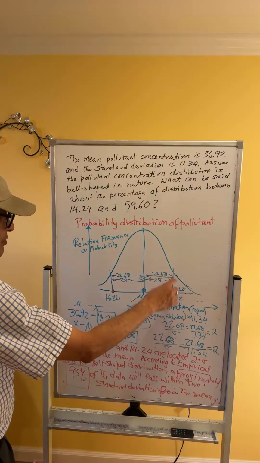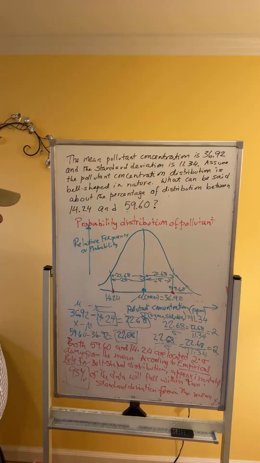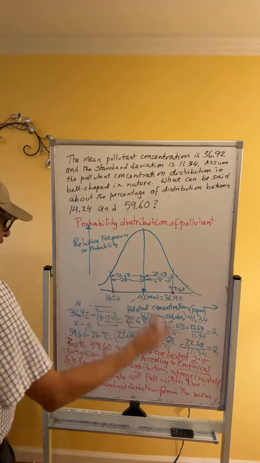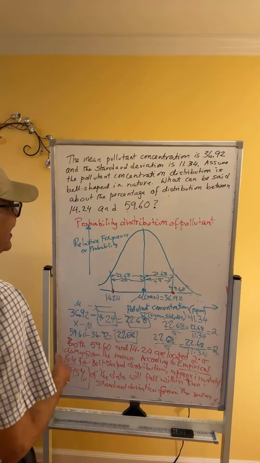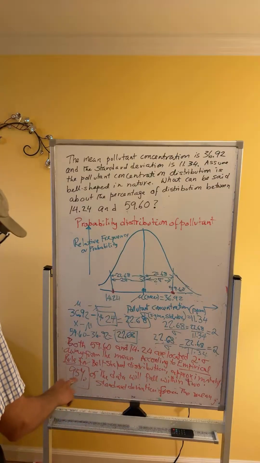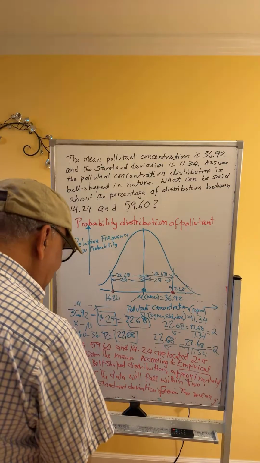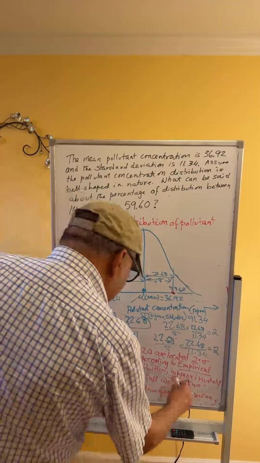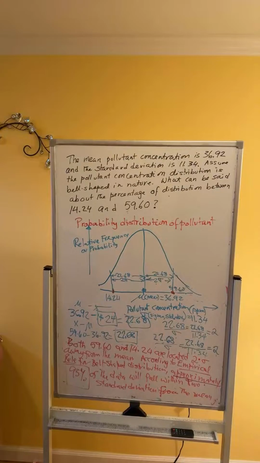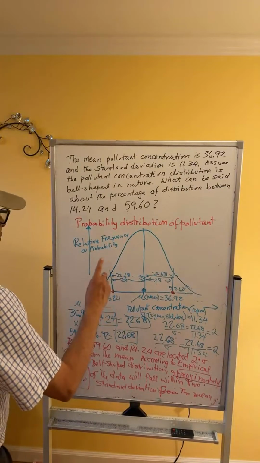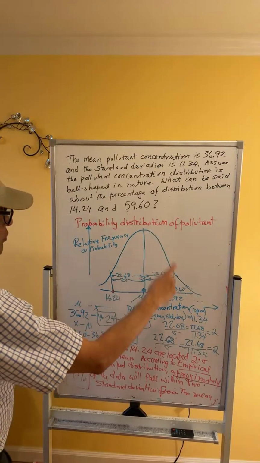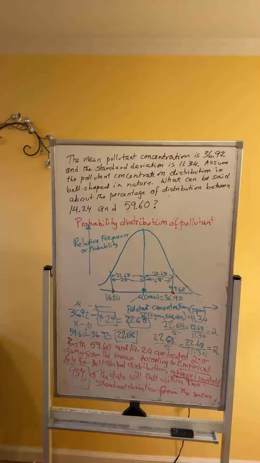So according to the empirical rule, not at least, approximately 95%. The key word is approximately. Approximately 95% of the data will fall within 2 standard deviations of the mean, in this case between 14.24 and 59.60.